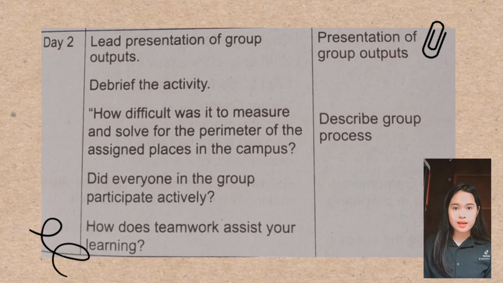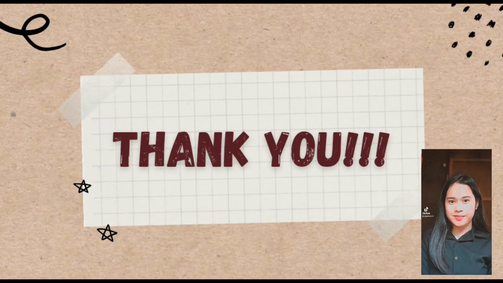The technique or materials used are whole group and journal writing. So every group member writes in their journal their reflection on the activity that they did in the previous 2 days. So any questions, clarifications?